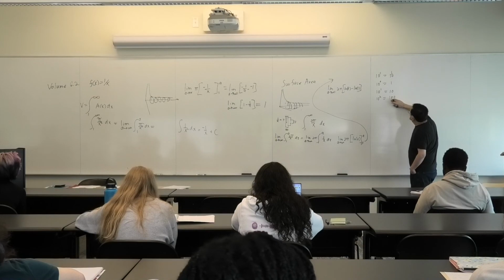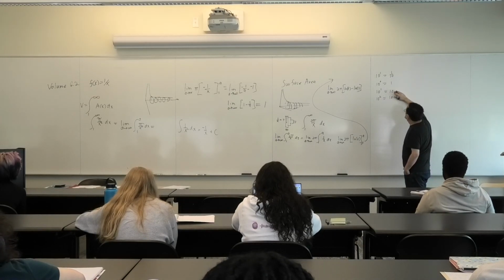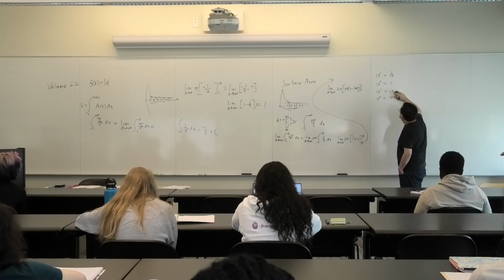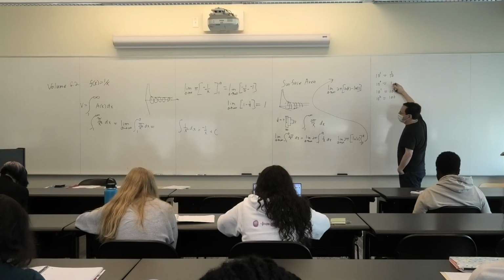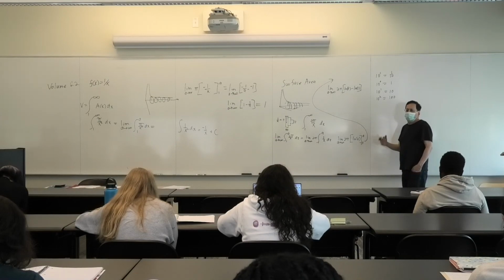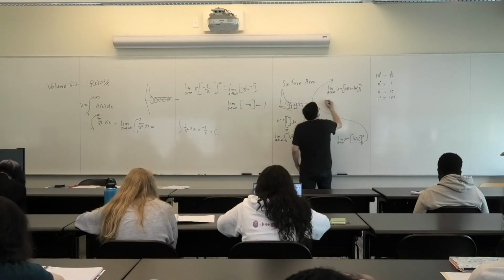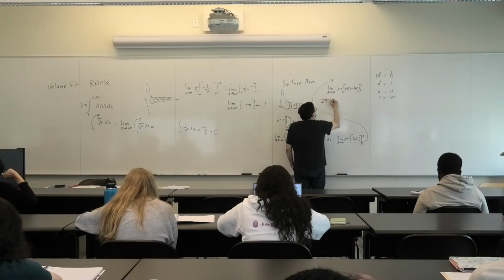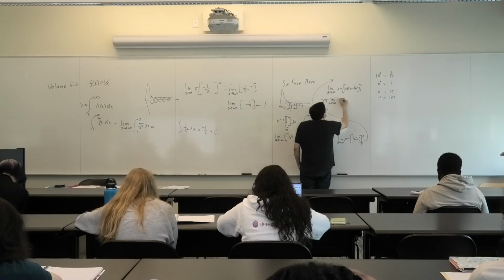So the log to the base 10 of 100 is 2. Log to the base 10 of 10 is 1. Log to the base 10 of 1 is 0. Log to the base anything of 1 is 0. So I end up with 2 pi times the limit as a approaches infinity of log of a.